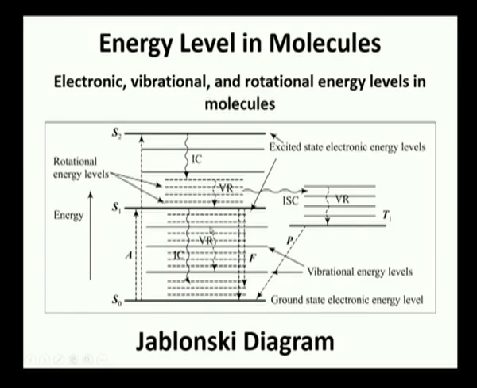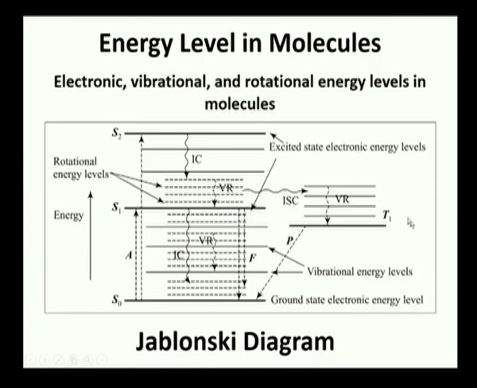Now, in this diagram you would be wondering why the T1 state is lower than the first excited singlet state. You can see that the first excited singlet state has a higher energy value than the first excited triplet state. That is because when there is an electron spin flipping, it uses some of its energy for the spin flipping. Therefore, the triplet state will have a lower energy level than the first excited singlet state.